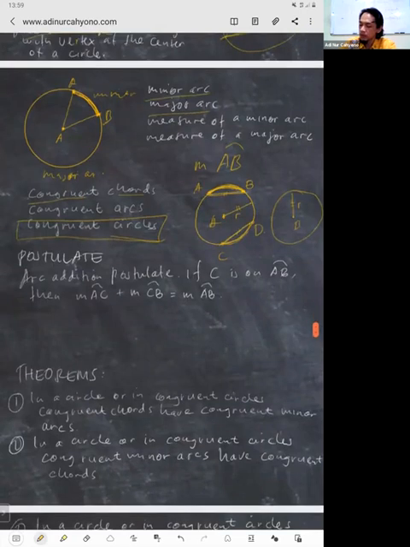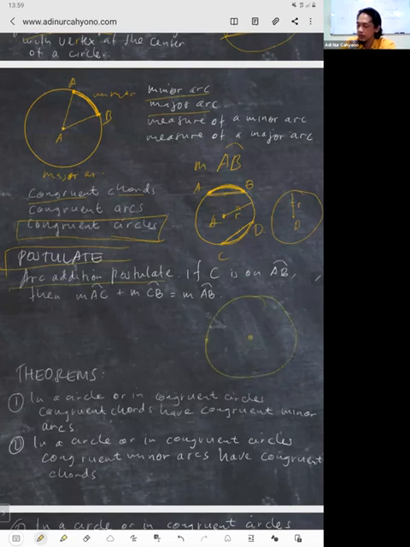Okay, and then we have the addition postulate. If we have the circle and the points A and B, so we have the arc AB, and if we have C here, then the measure of AC and the measure of CB, the addition of these two arcs equals the measure of AB.